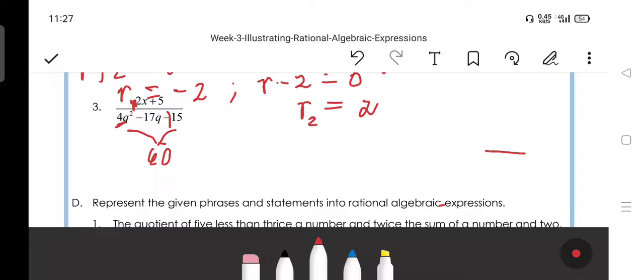That means we're going to look for factors of 60 that when added is equal to negative 17 here.